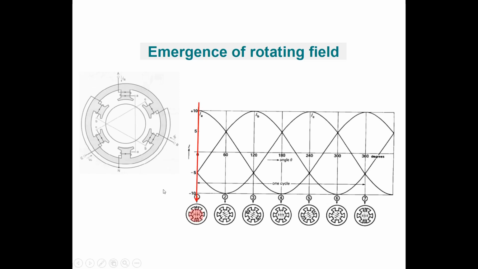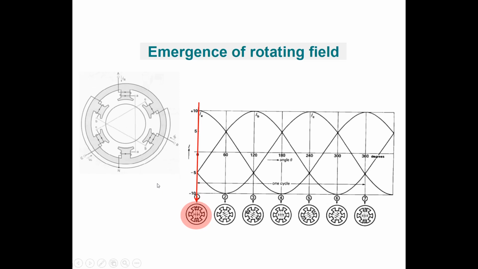Let's look at the situation in which the voltage through phase A is at its maximum value, which is a positive value at this point, and the voltages at coil B and coil C have half the value and the opposite direction.